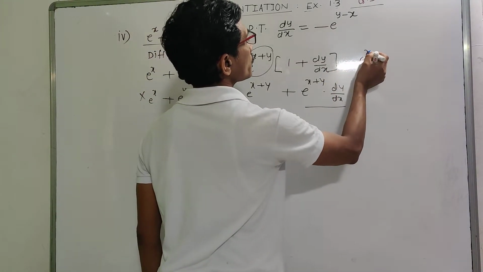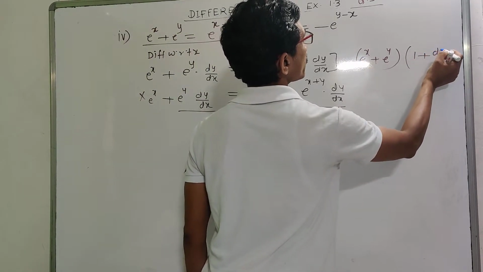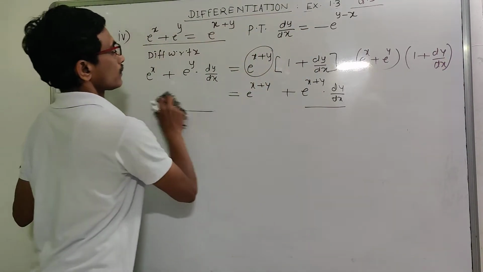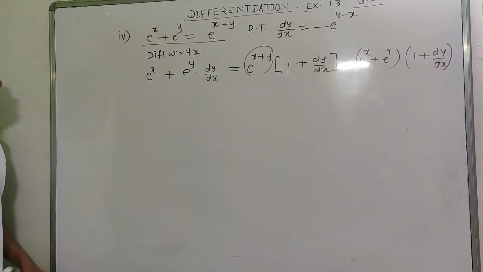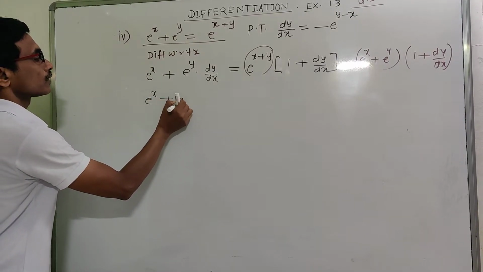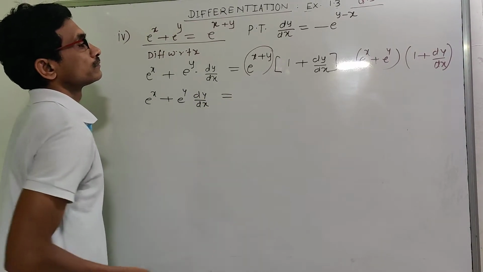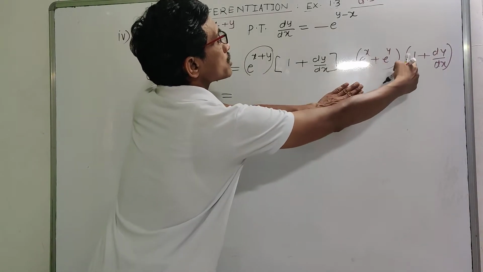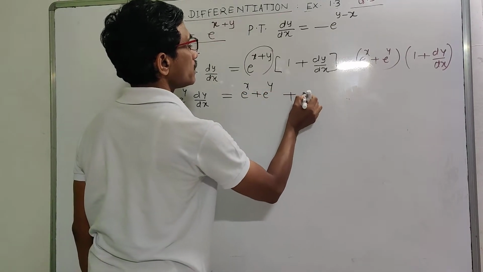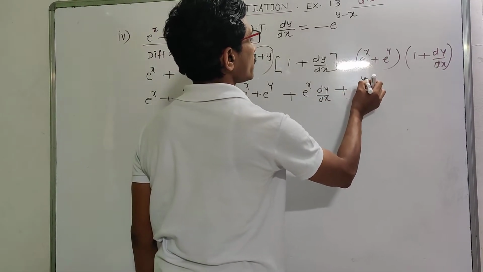So let us write e raised to power x plus e raised to power y into 1 plus dy by dx, and then multiplying it, e raised to power x, e raised to power y dy by dx, right hand side e raised to power x plus e raised to power y into 1, that is e raised to power x plus e raised to power y, again e raised to power x dy by dx plus e raised to power y dy by dx.